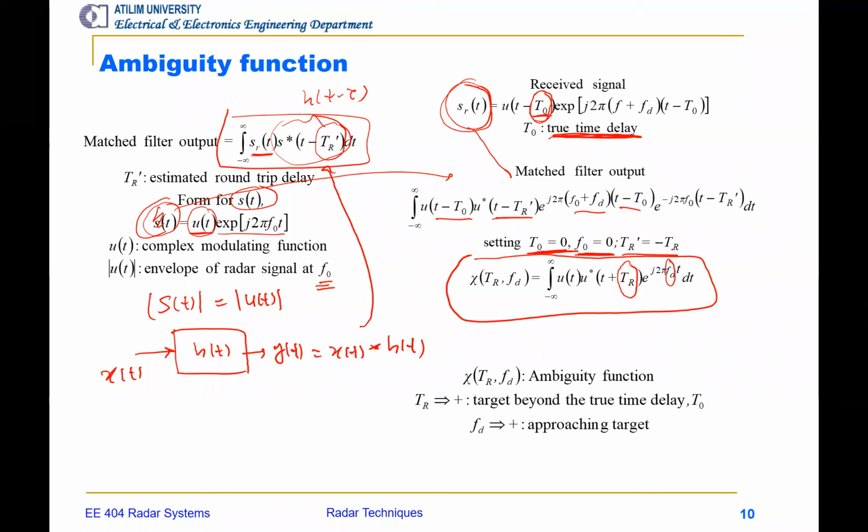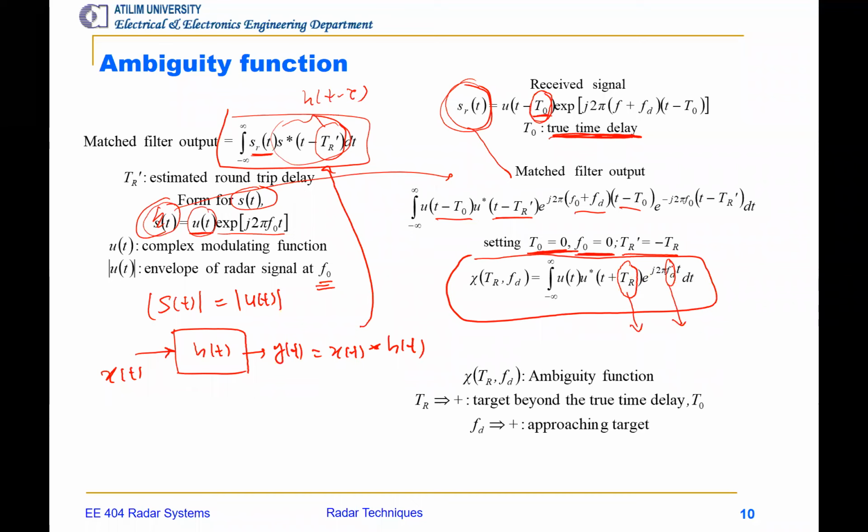Okay? So here we consider a target which is in motion, moving. And we'd like to determine its range and speed. Range will be extracted from this TR, and speed will be extracted from this FD.